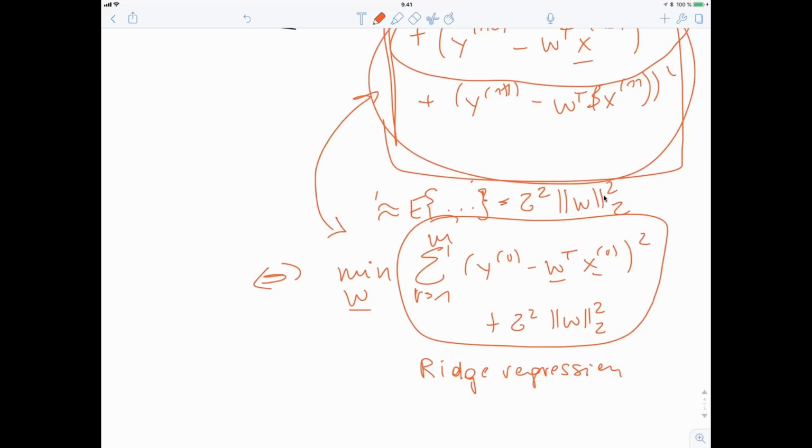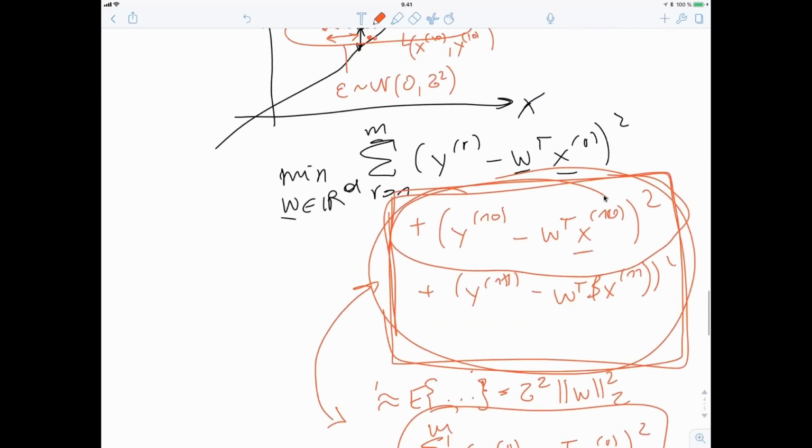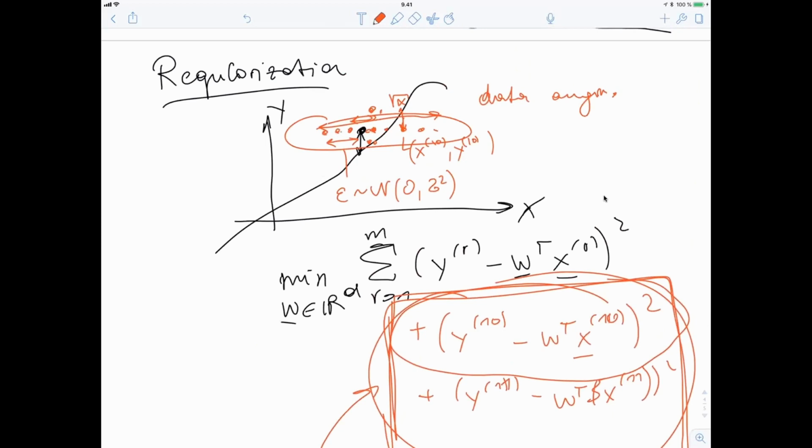I find this nice because I was always struggling with interpreting this term. I was teaching ridge regression for a while, and I was always wondering how I should best explain this additional term. One interpretation is that it's all these additional squared error terms that come from these perturbations.